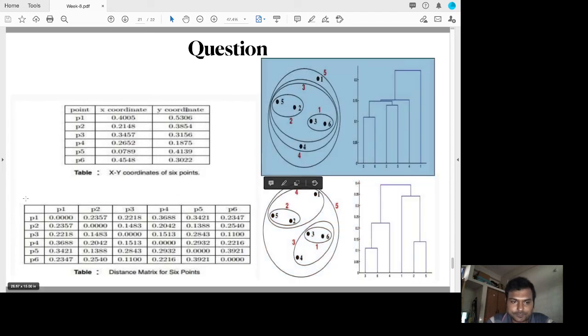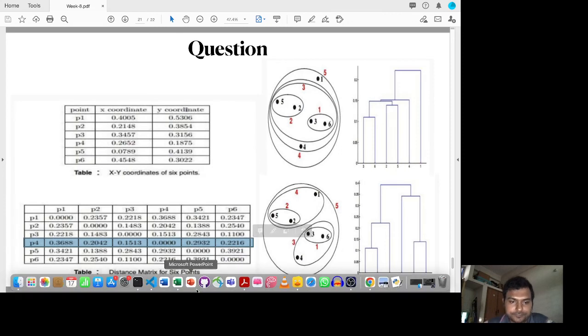Okay. You have to look at this particular row of the distance matrix. So what is the distance? It is between P4 and P3, 0.1513.